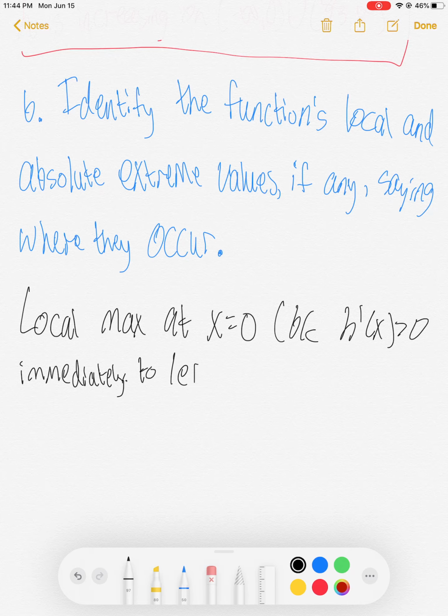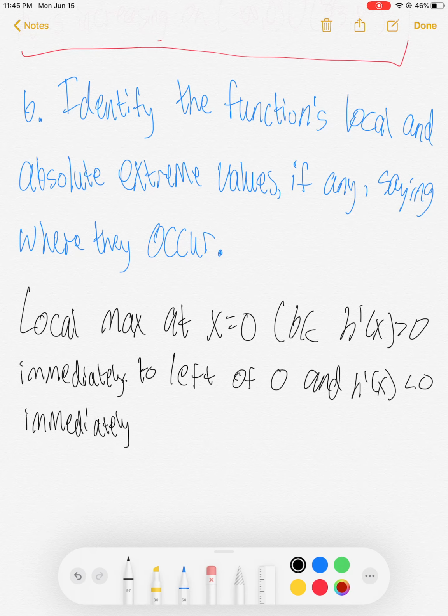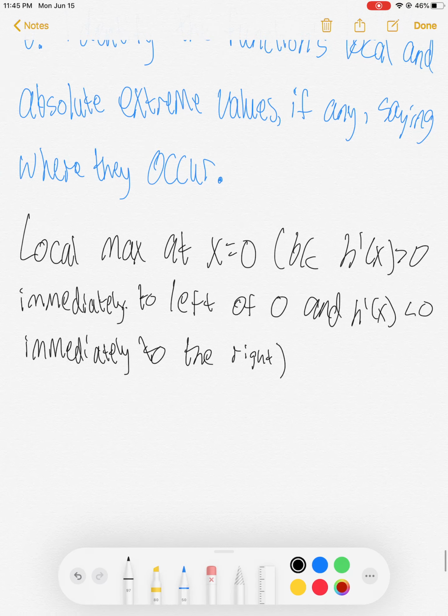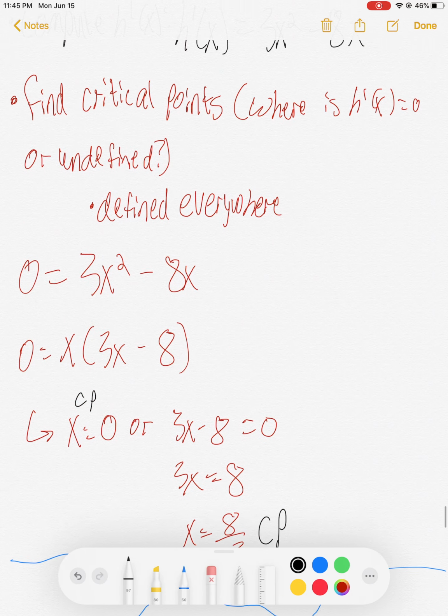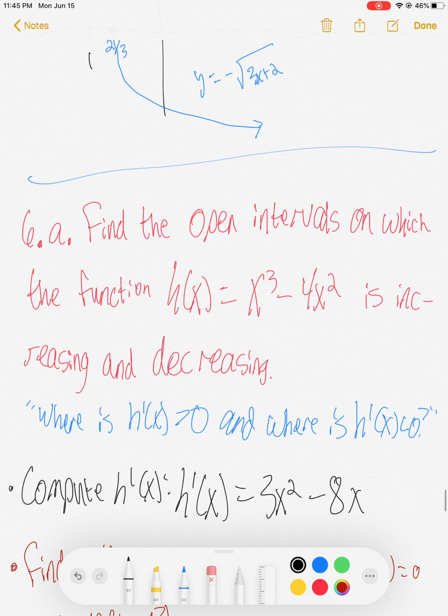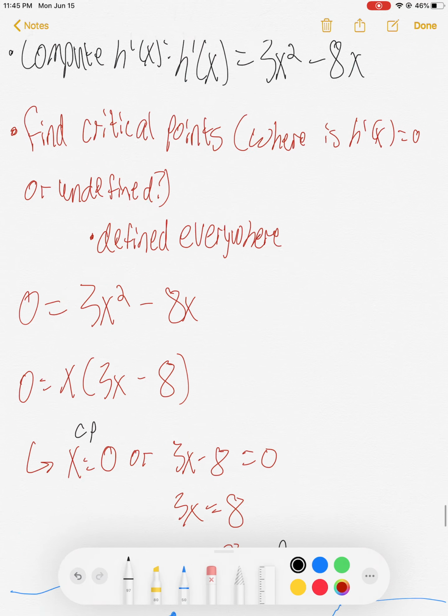So we see that we have a local max at x equals 0, and that is because h prime of x is greater than 0 immediately to the left of 0, and h prime of x is less than 0 immediately to the right. Okay, does that make sense?